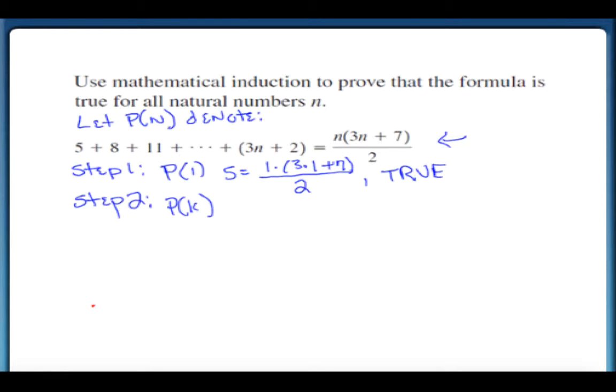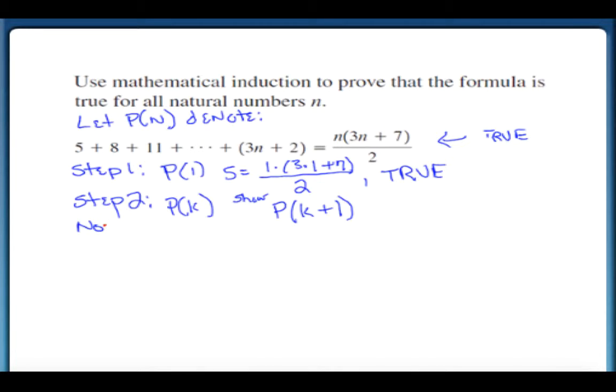And we want to use this statement to show that P of k plus 1 is true. So once again, we're assuming this is true. This is part of step 2. But we're substituting k in for n. And we're going to use this to show P of k plus 1 is true.